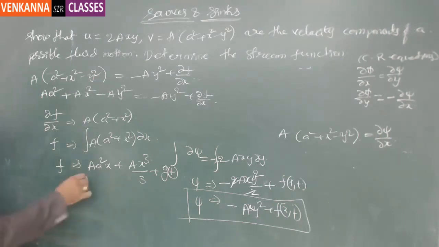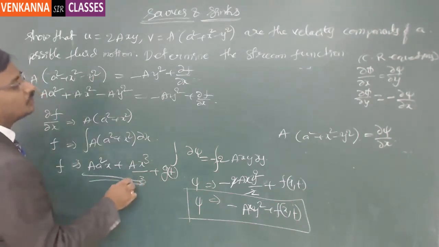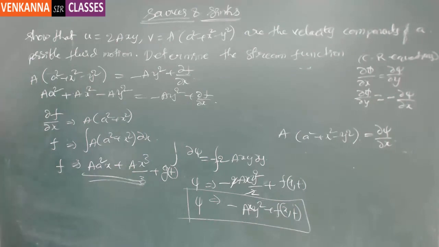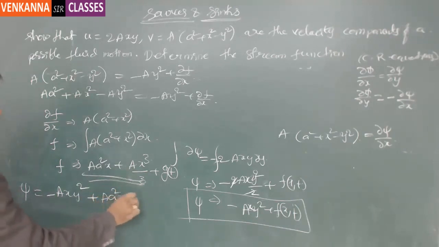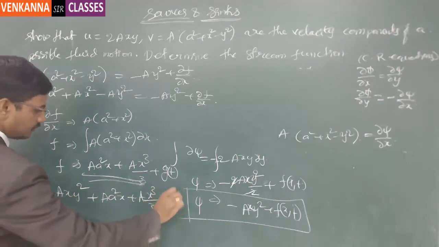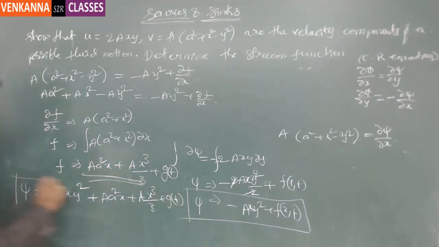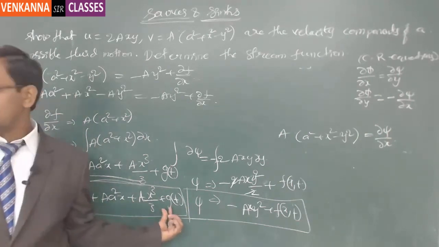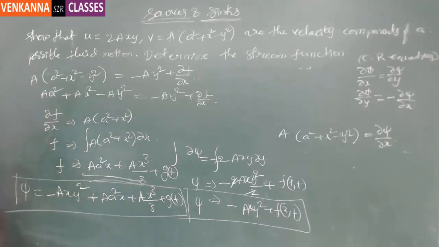Once you got this value, you can replace it in the original function. So ψ equal to minus axy² plus a²x plus ax³ by 3 plus g of t. So this is the stream function. If it is independent of time, then g of t will be a plain constant, which can be found with the initial conditions.